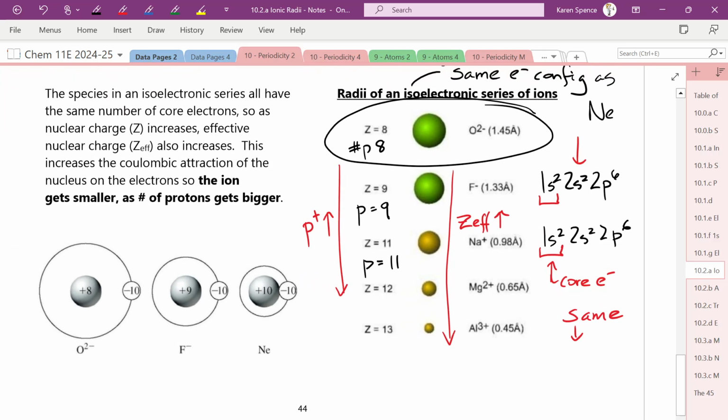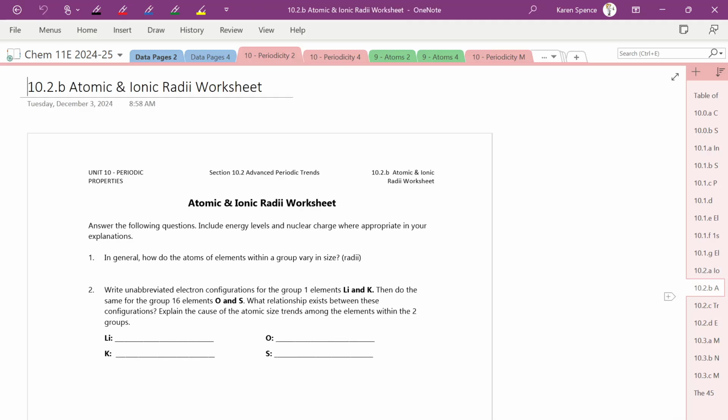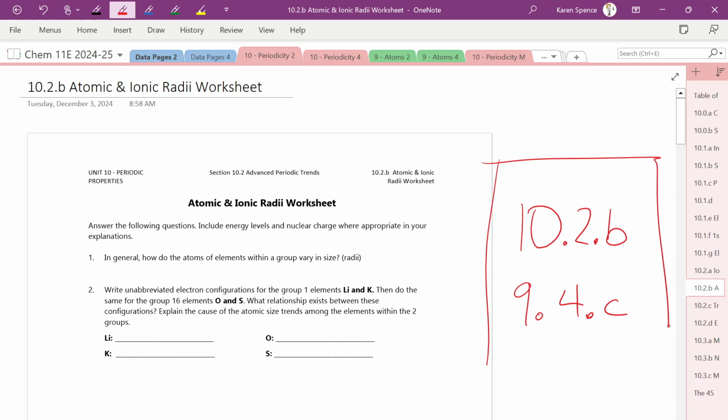Are we good? Okay. I think that's it for this one. So I think you guys could do 10.2b and 9.4c. Okay, so 9.4c is PES.